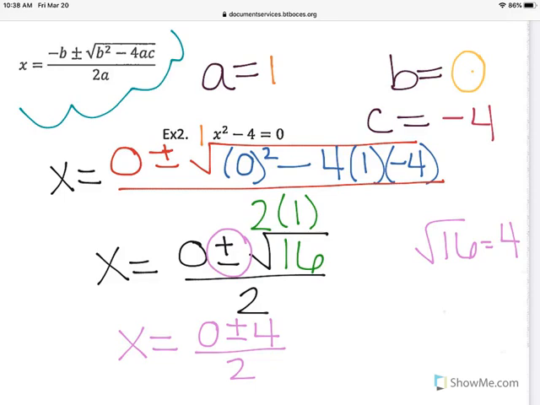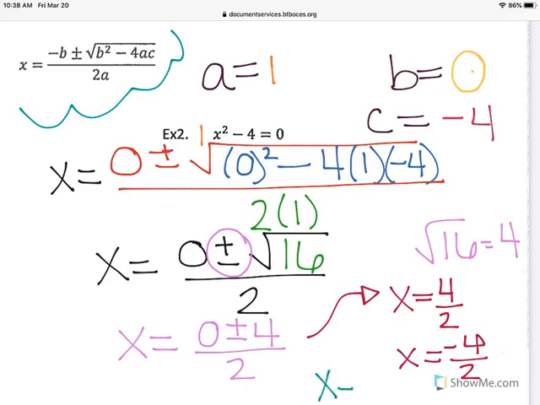Okay, now we're going to end up with 2 answers here. So if we simplify the numerator, we're either going to get a positive 4 divided by 2 or a negative 4 divided by 2. And when we clean that up and we do our division, 4 divided by 2 is going to give us a positive 2, and negative 4 divided by 2 is going to give us a negative 2.